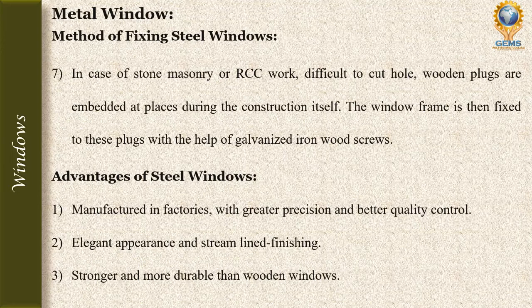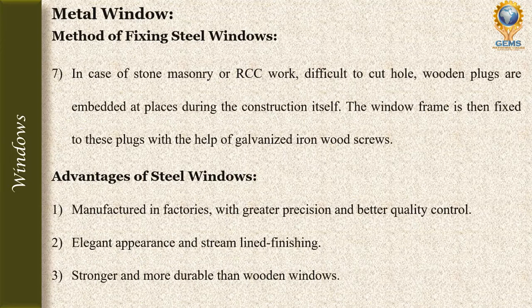Since we know where the wooden planks are in the concrete, we can easily screw the wooden frame to these planks with the help of galvanized iron wood screws. This is how we will fix the steel window.